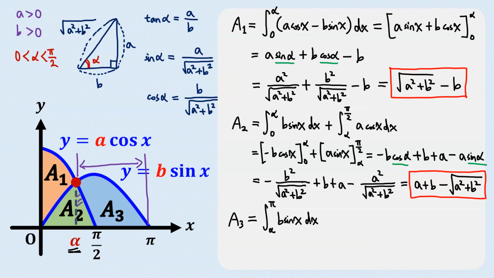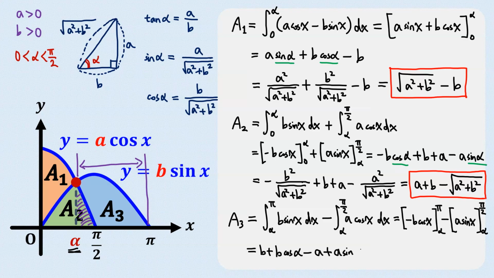Then we have to subtract this area, which is an integral of a cosine x from alpha to pi over 2. So you carry out the integral, and using the expressions for cosine alpha and sine alpha, we eventually obtain b minus a plus square root of a squared plus b squared.